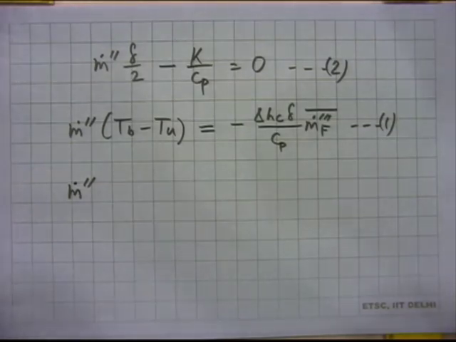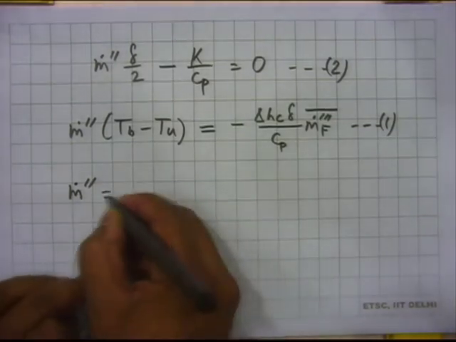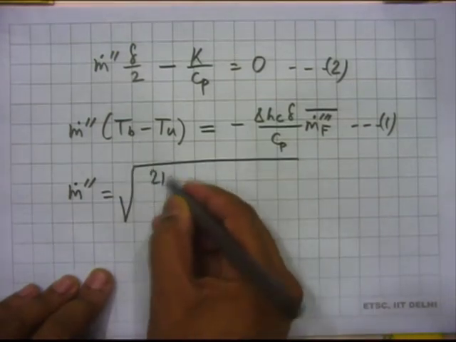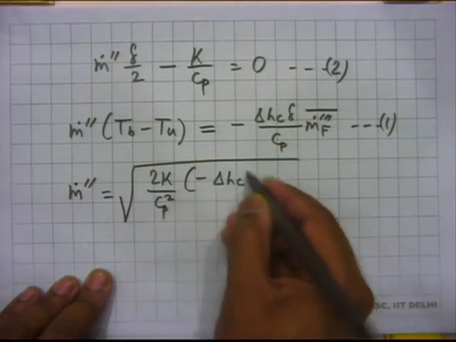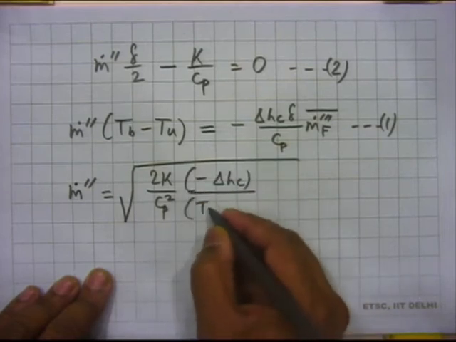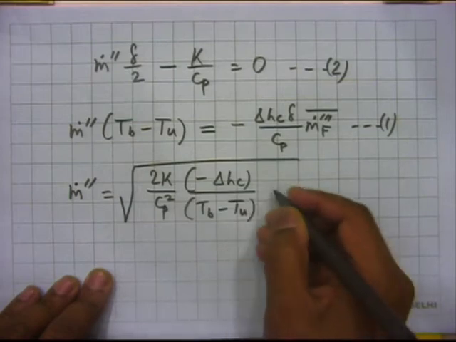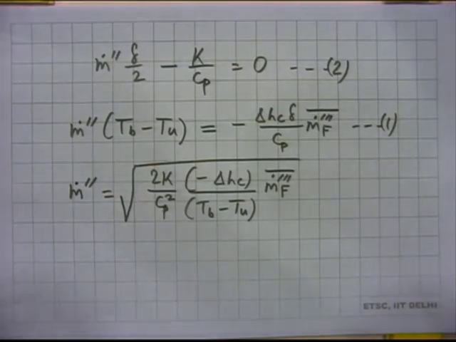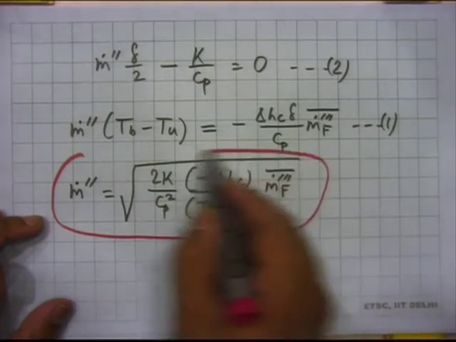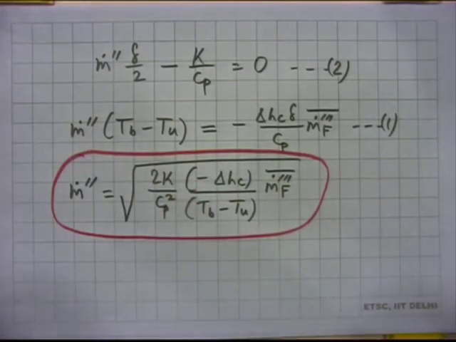M dot double prime comes out to be this. And there is a delta also.